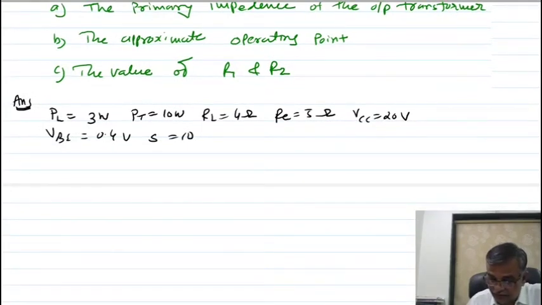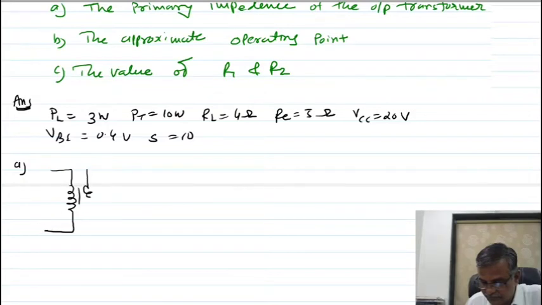First, I am trying to find PL dash. What I will find? PL dash. You know this. This RL is 4 ohm. Here PL they are asking you 3 watt. This efficiency is 75%.